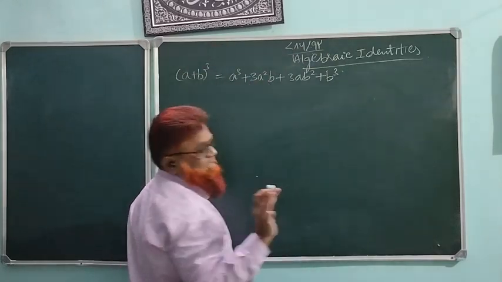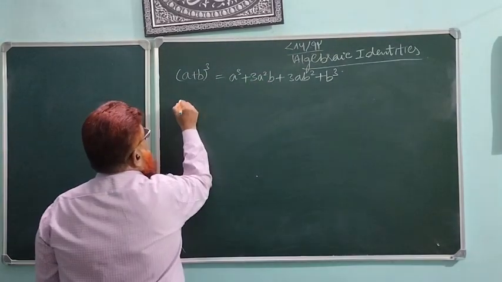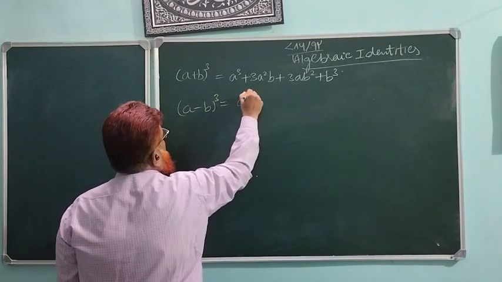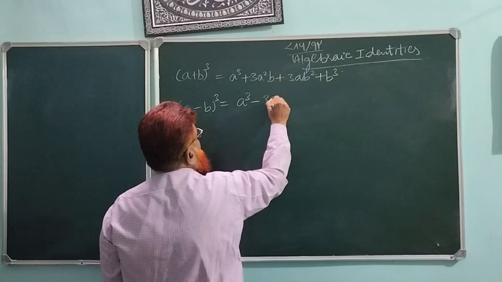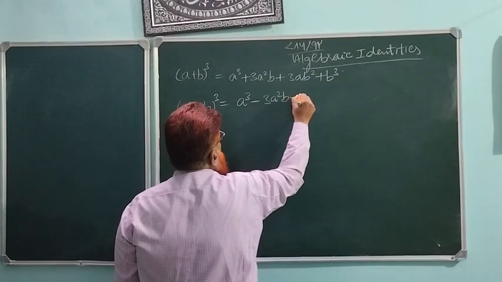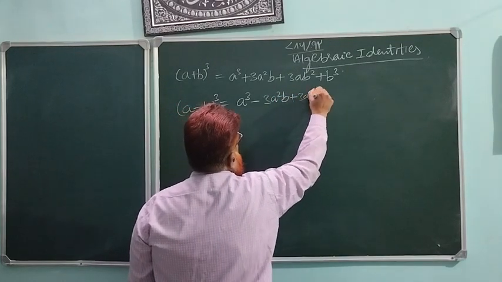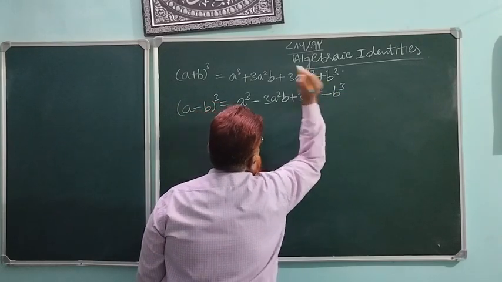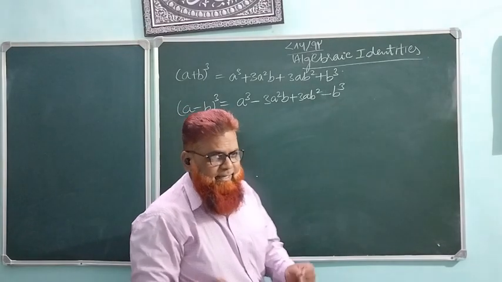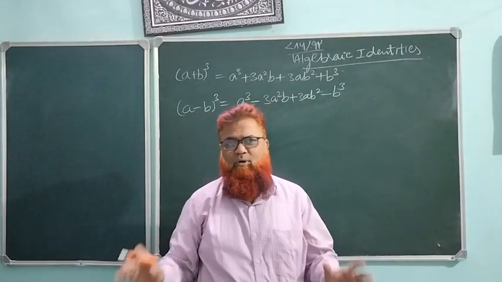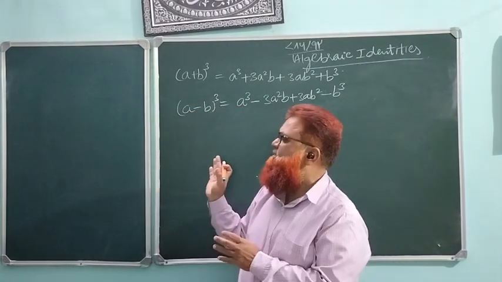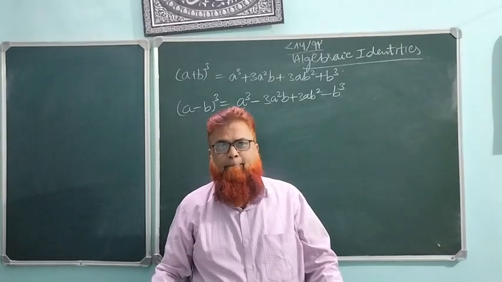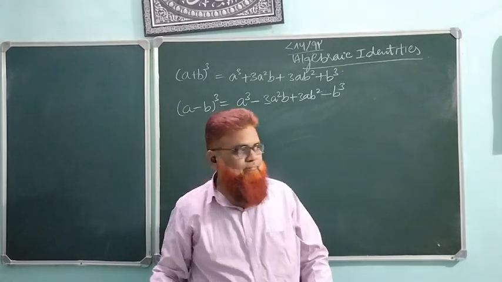Alright, this is the first identity. The second one is, change the sign, a minus b whole cube is a cube minus 3a square b plus 3ab square minus b cube. This is the second identity.